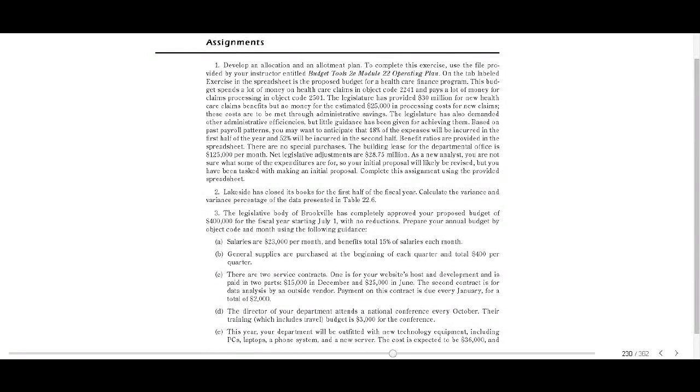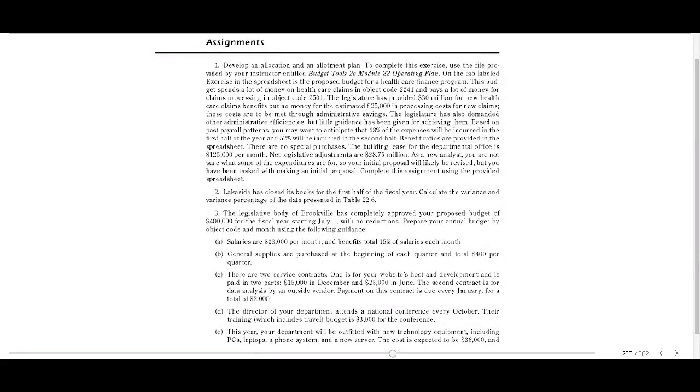All right. Also demanding other administrative features, but with little guidance. So essentially, here are your restrictions. Based on your past payroll patterns, you anticipate 48% of the expenses will be incurred in the first half of the year, 52% in the second half. Benefit ratios are provided in the spreadsheet. That's where some of this has changed from the previous spreadsheet.